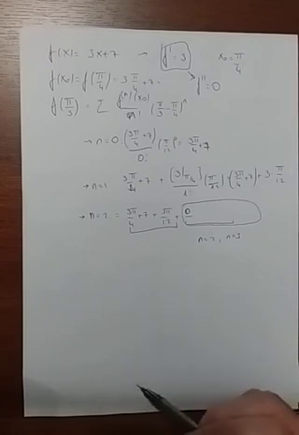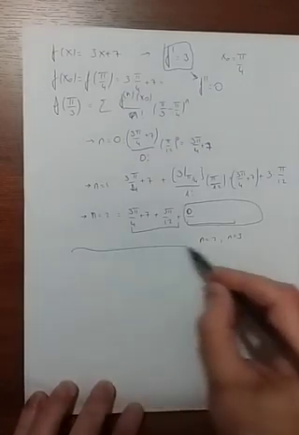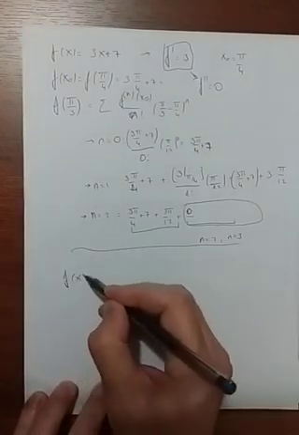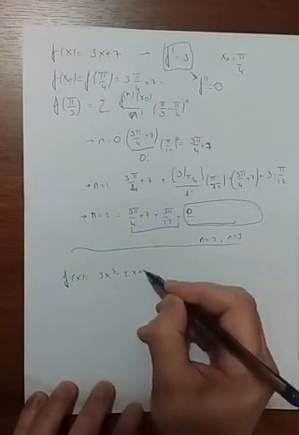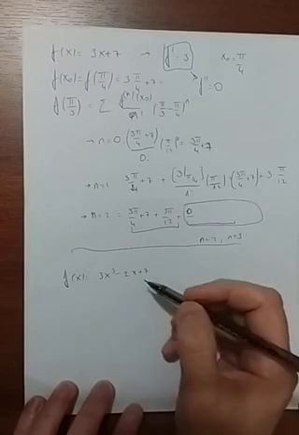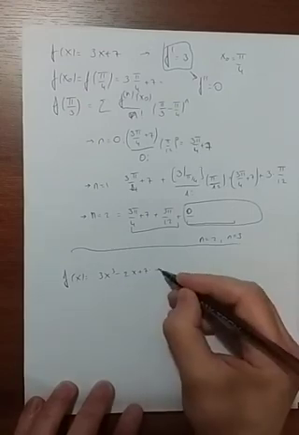Similarly, if we have another function which is a third order polynomial, such as f(x) = 3x³ − 2x + 7, and we want to do the Taylor series expansion of such a function, we just need to count how many derivatives we have to work with.